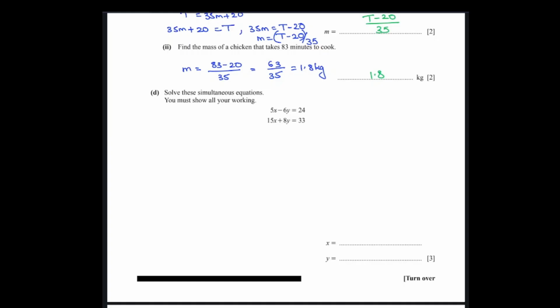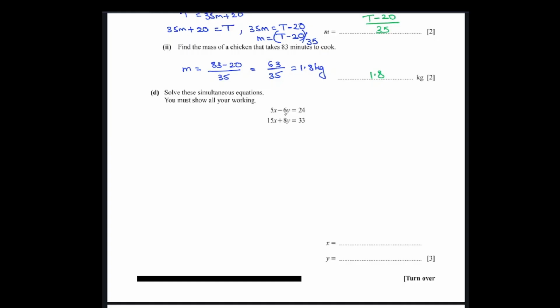If I want to eliminate the x variable, I'll make this 5 as 15. To make this 5 as 15, I need to multiply this whole equation by 3. Or if you want to eliminate y. And when you are eliminating x, you have to subtract these two equations because both are positive, so it should be subtracted.